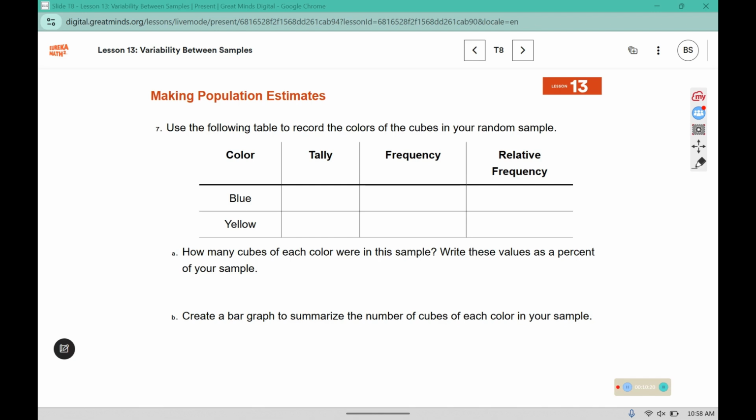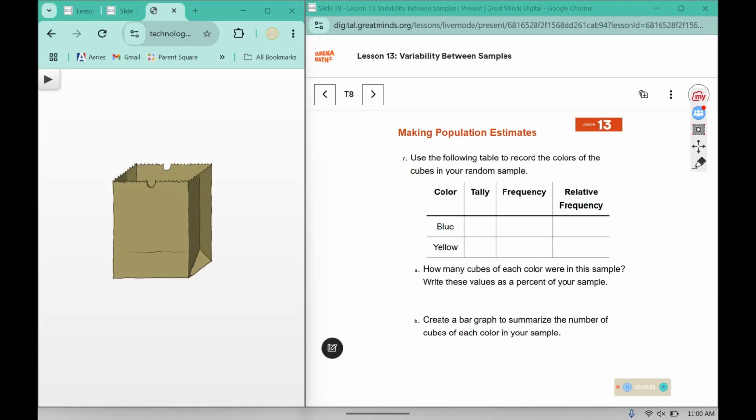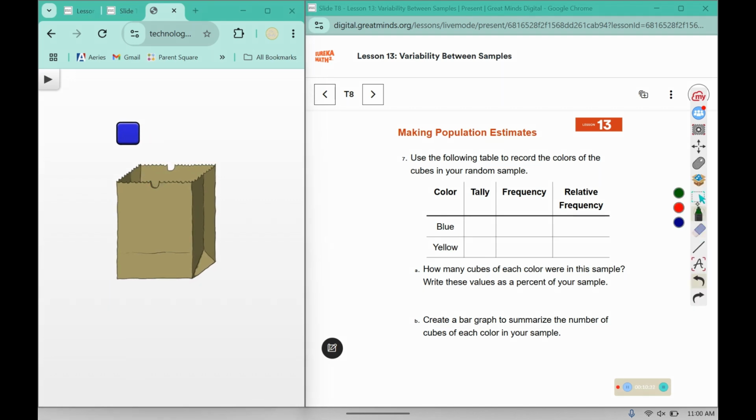To collect our data, we're going to use the following table and record the colors of the cubes in our random sample. So here we go, sample of 20. We'll tally up.